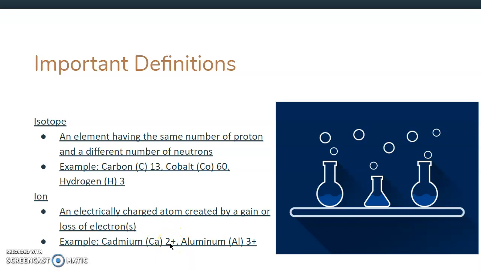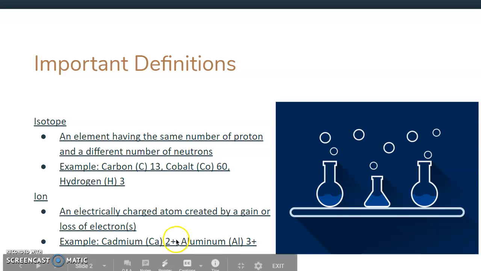It's almost like adding negative numbers together. If we were to gain electrons, we would get a more negative number, but we're losing electrons. Losing electrons means that we're losing negative charge, which results in a positive charge. The same thing happens for aluminum. In both these cases, they are actually losing electrons.